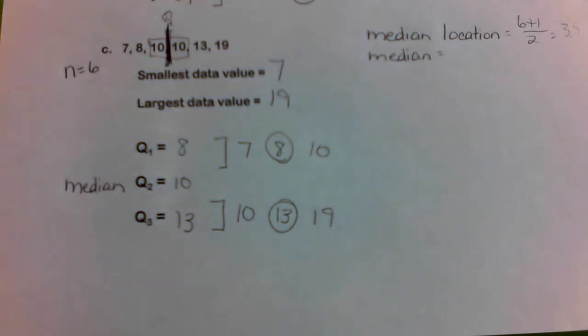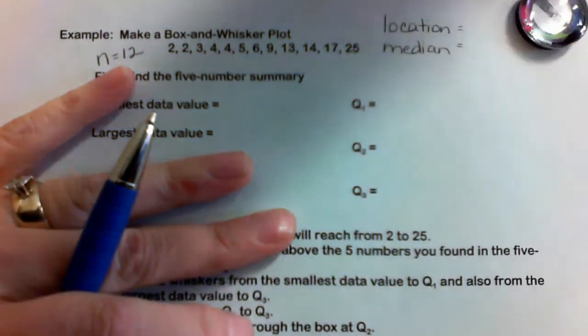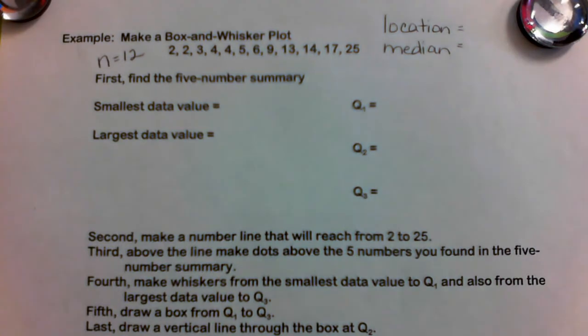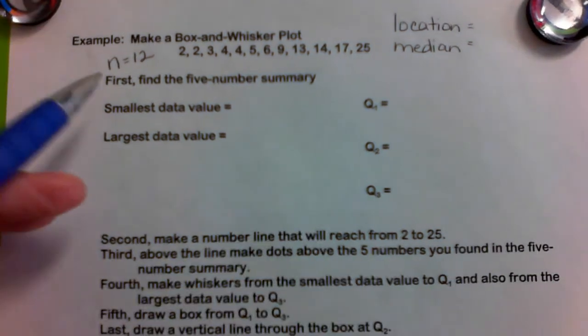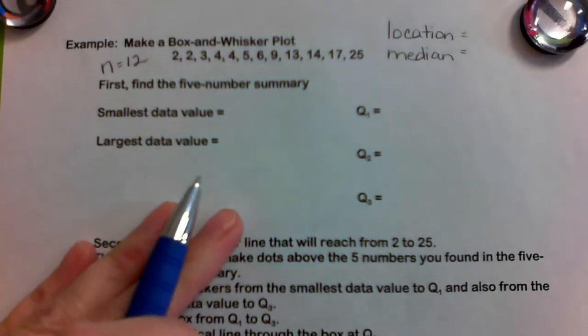So now those are some of the different scenarios that can occur. Now what I want to do is look at an example where we find the 5-number summary, and then we take it one step further and actually create the box and whisker. In this case I have 12 numbers. Again, they're already in order. Make sure that yours are.